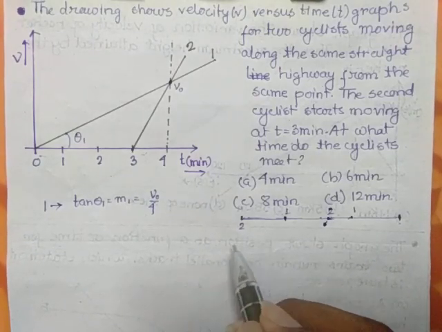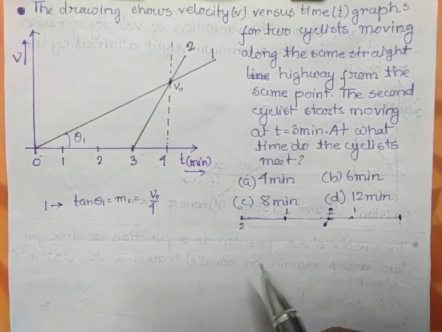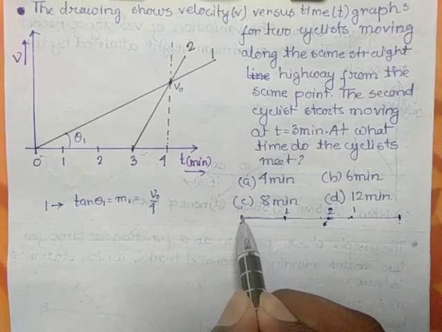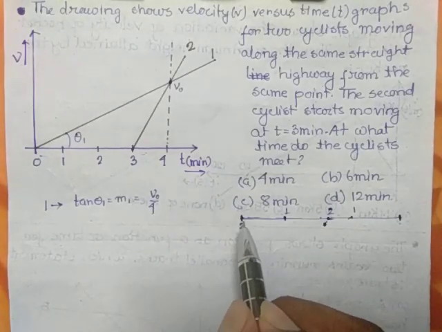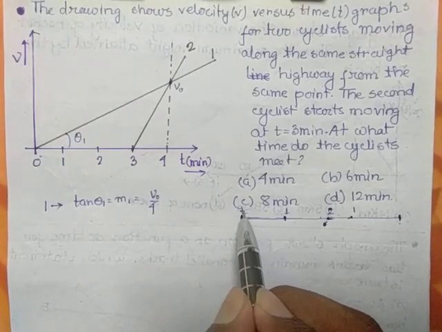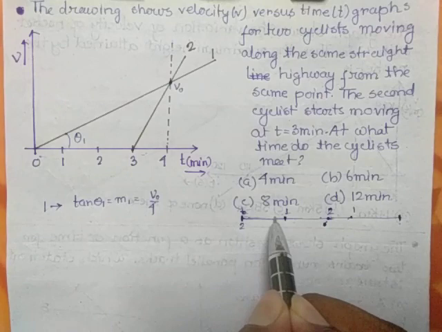So if I try to say this thing again, particle 1 and particle 2 start from the same position but not at the same time. At t equal to 0, particle 1 starts and moves.